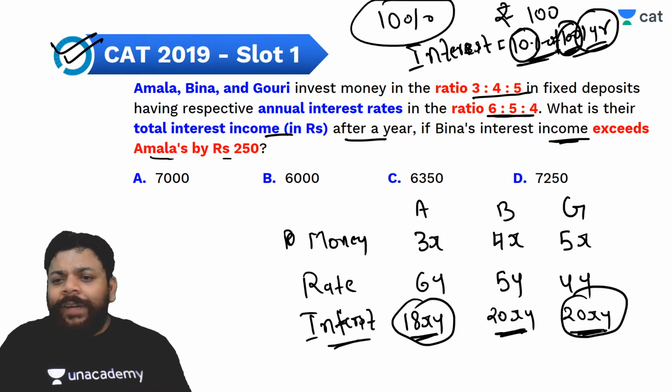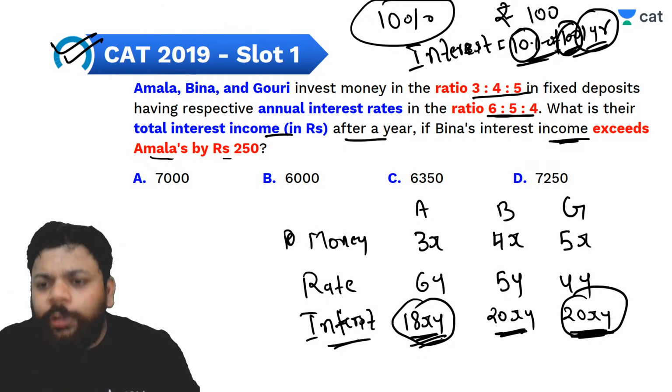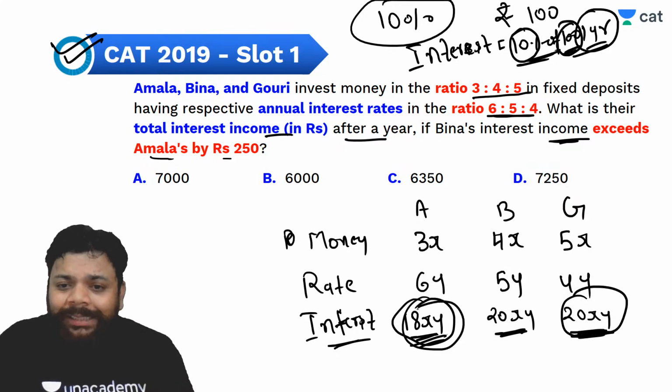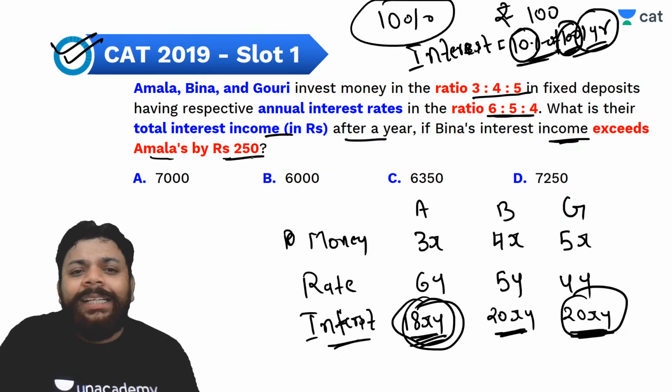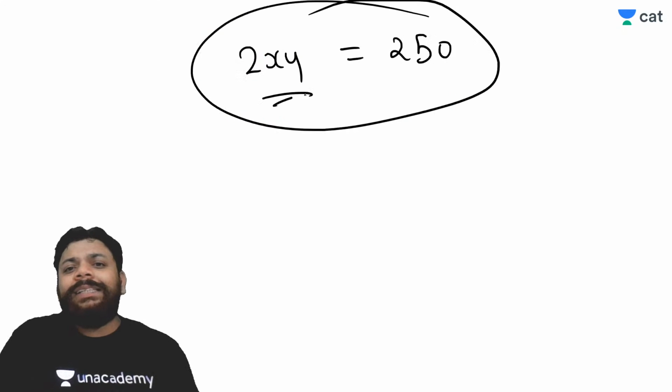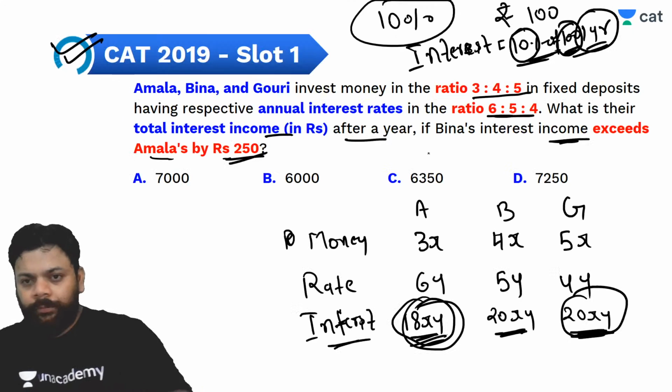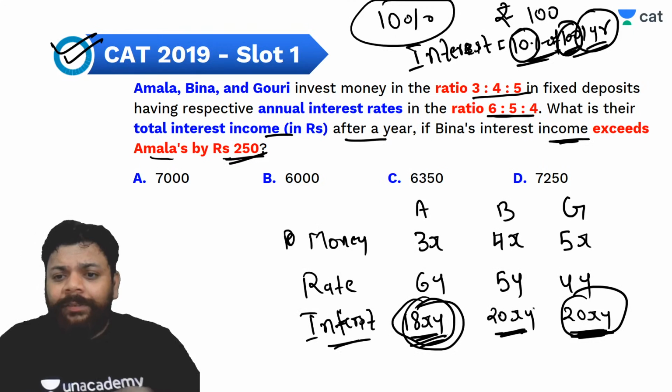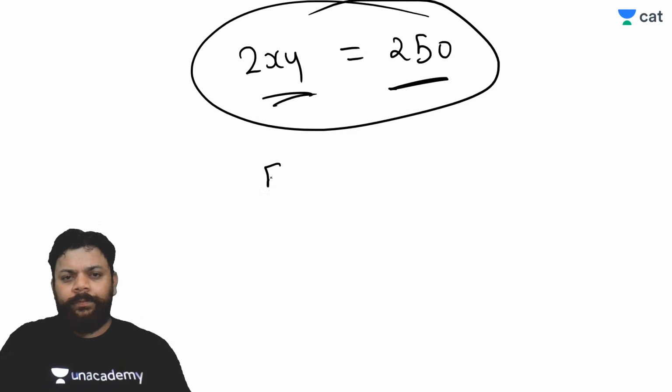Since in terms of xy, Bina's interest is 2xy more than Amla's, in terms of rupees, it is 250 more. So can I say that 2xy is equivalent to 250? And you have to find 58xy.